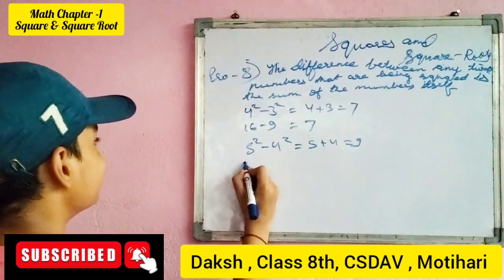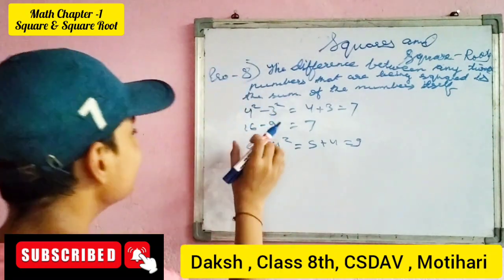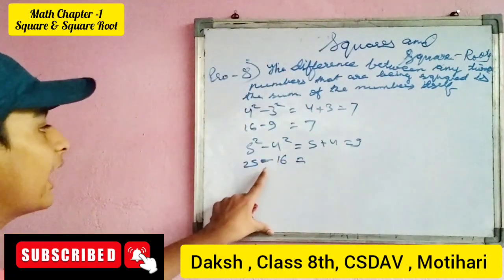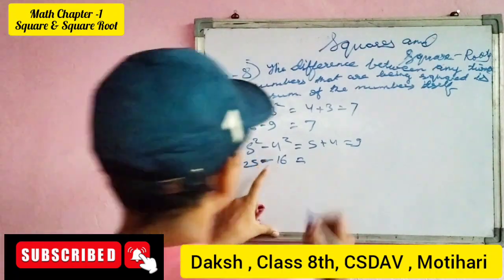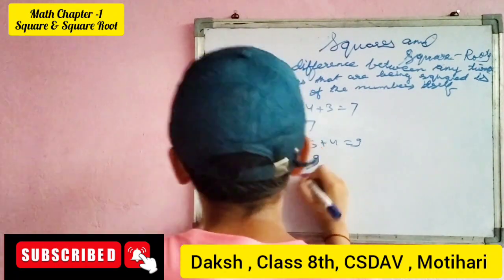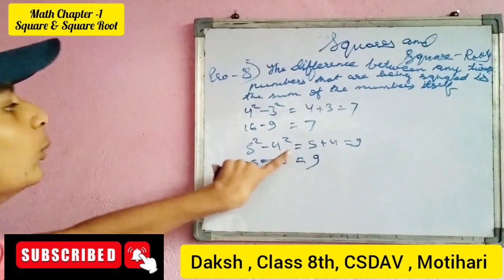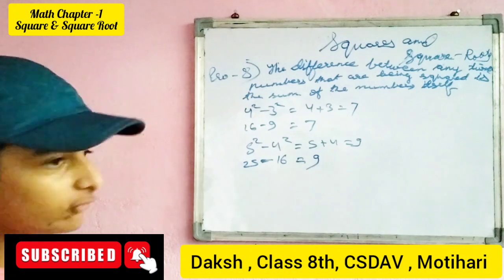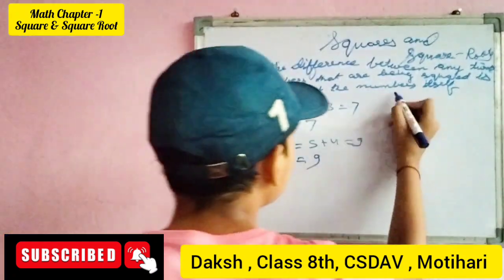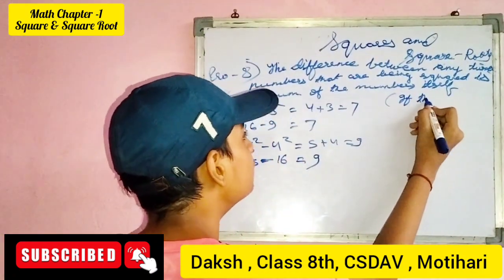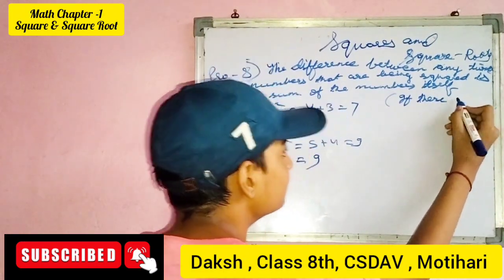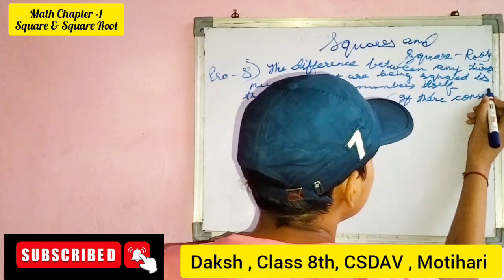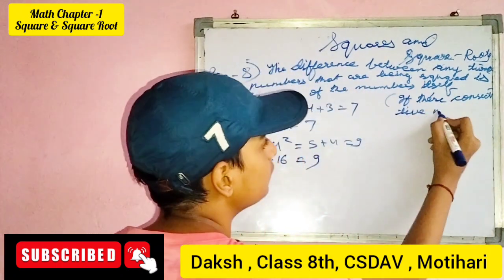We can prove it: 25 minus 16 equals 9. Their difference will be equal to the sum of both the numbers. We need to keep in mind that this applies only to consecutive numbers.